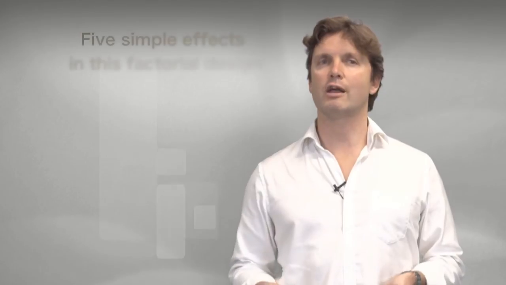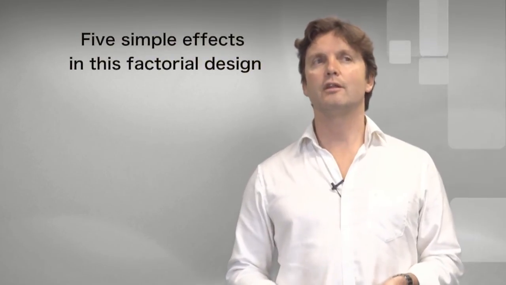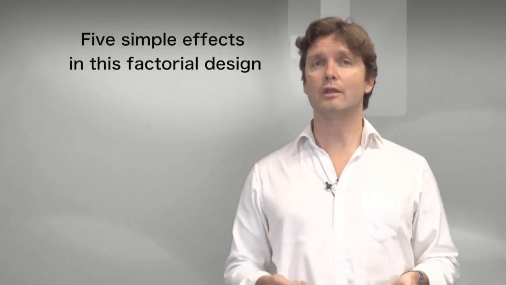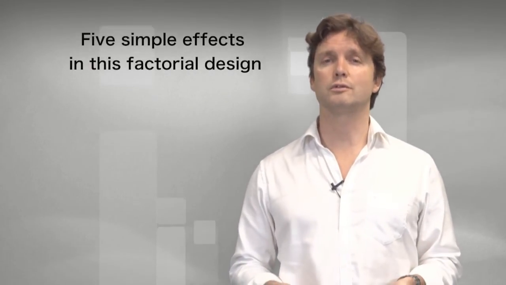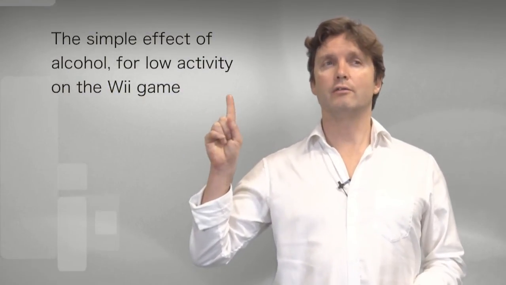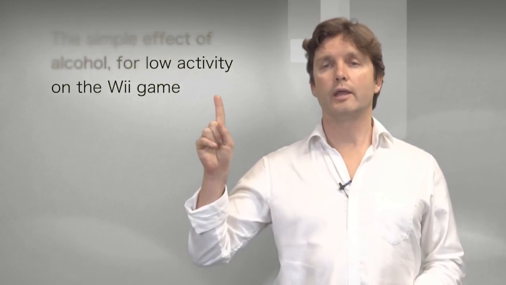So where to from here? In this lecture I've talked previously about family-wise error and the rationale for using simple effects. As mentioned previously, there are 5 possible simple effects in this factorial design. These simple effects are, in effect, one-way ANOVAs, except that they use the error term from the full factorial design. We've got the simple effect of alcohol for the low activity on the Wii game.